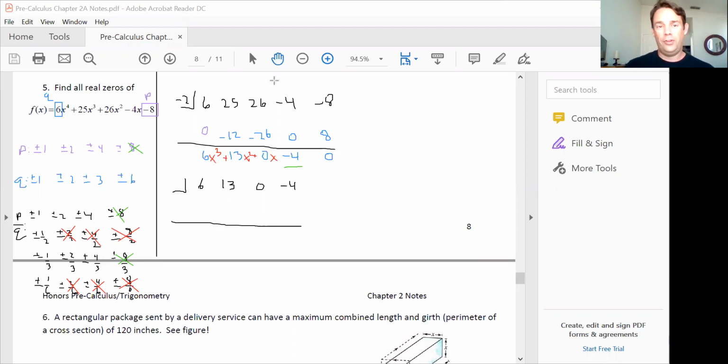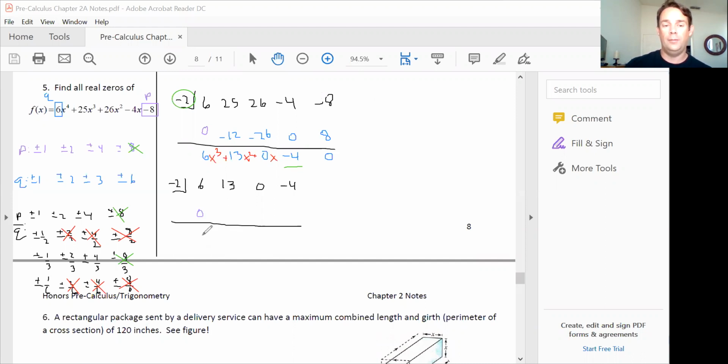Now, sneaky, just because I used this -2 one time, it doesn't mean that it doesn't go in again. Don't forget to try it again, because remember, I could have multiplicity in my roots as well. So if I find one that works on a quartic or a fifth power or whatever, don't forget to try it again.